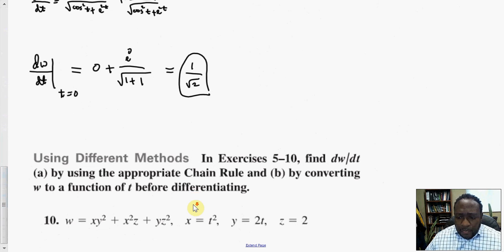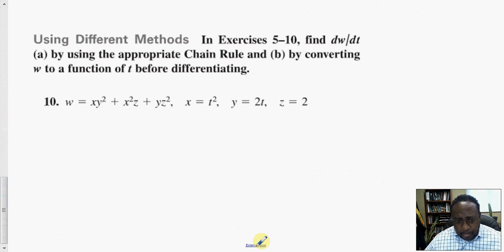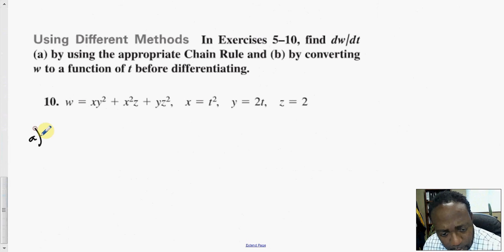In exercises 5 to 10, find dw over dt, part A by using the appropriate chain rule, and then part B by converting w to a function of t before differentiating. So basically they're saying part A, use the formula above, and then part B, convert back to Calculus 1. Let's see. So part A, we're looking for dw over dt.